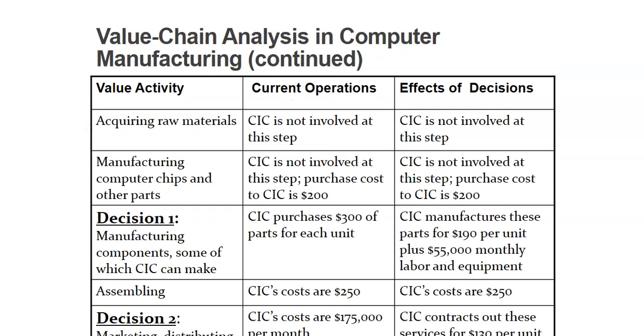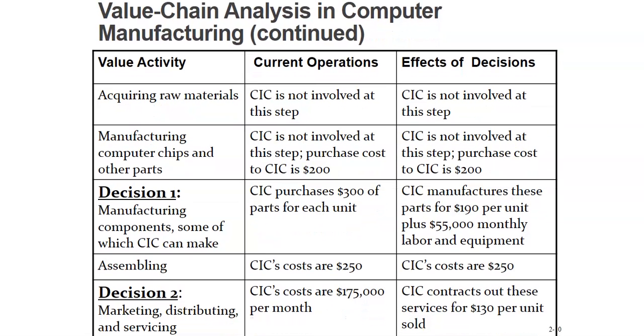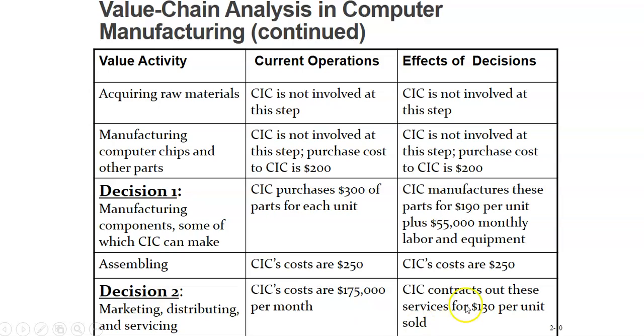So this chart breaks down how that is important to a customer. So the different activities that we have. So first in decision one is whether we're going to make or buy our components. We have our computer chips.